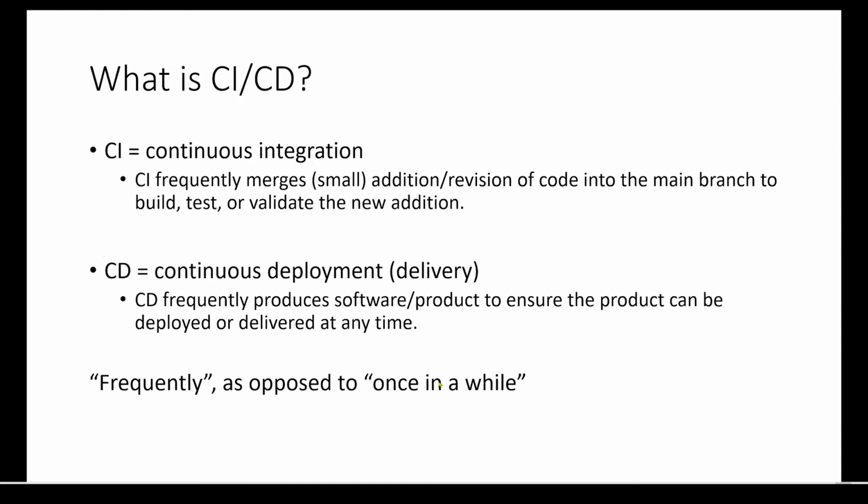So we do this once in a while. And this is not the same as continuous integration. Continuous deployment refers to every time you have a change, you make sure that that change can be merged, right? So there's a difference in terms of the frequencies. And we will also talk about how frequent is frequent enough in the later slides.